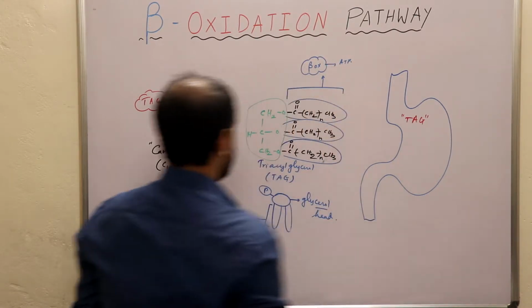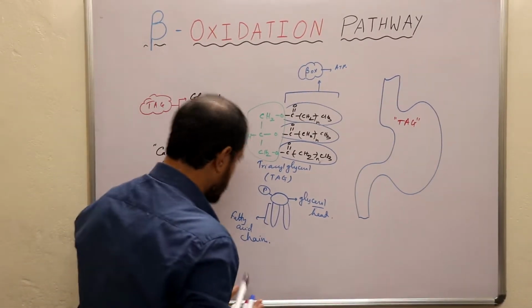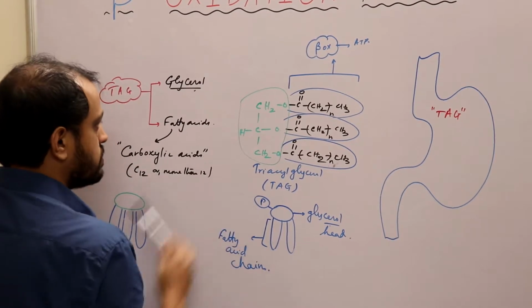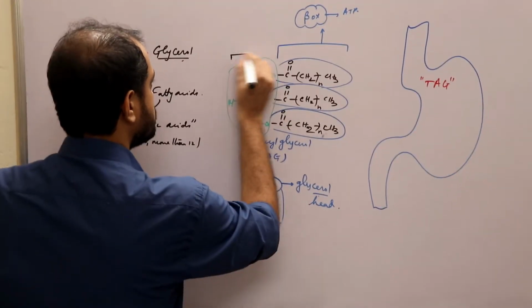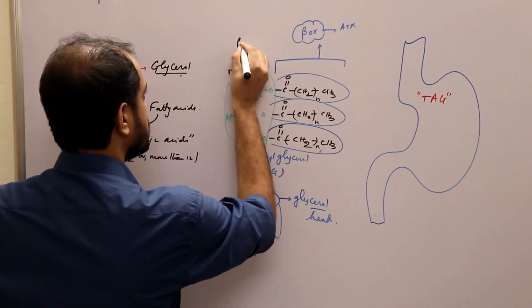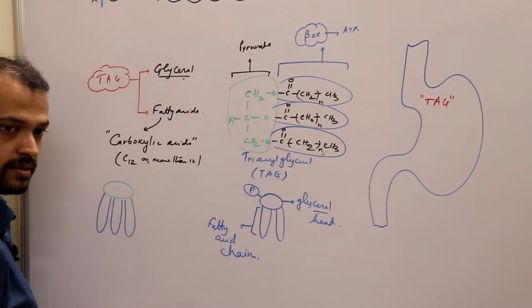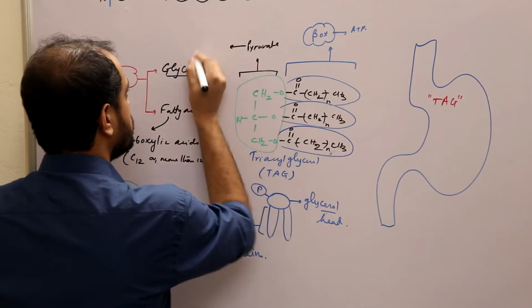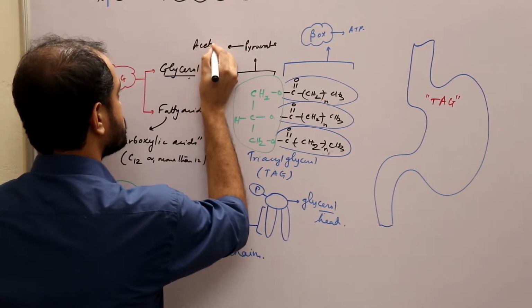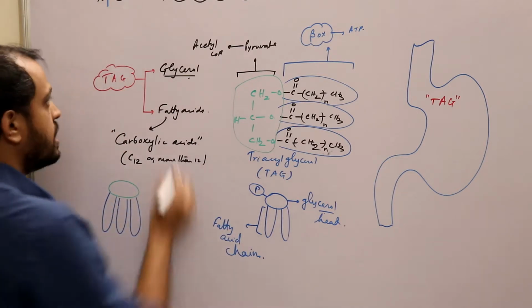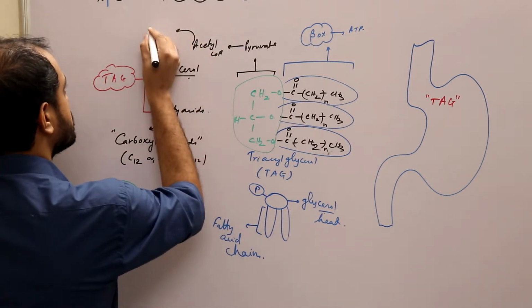Now, you should always understand what happens to this glycerol part. This glycerol is converted actually to pyruvate, and from pyruvate we can always convert it to acetyl CoA, and this acetyl CoA will enter the Krebs cycle.